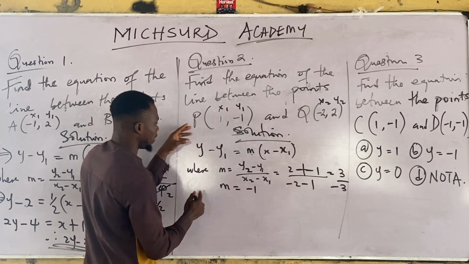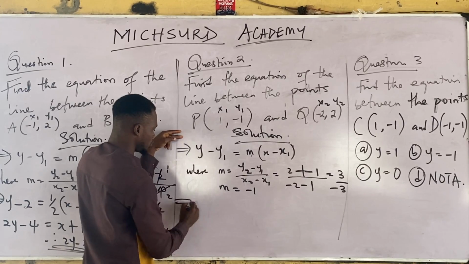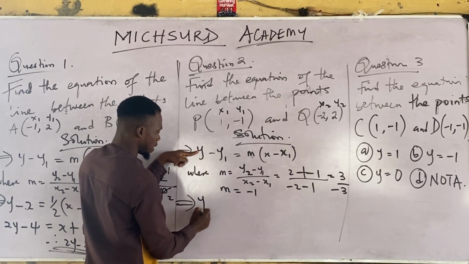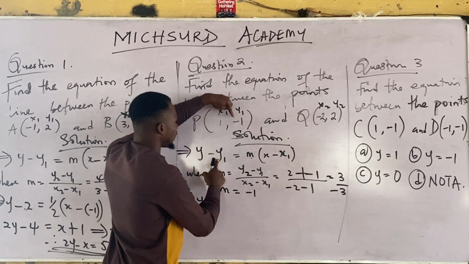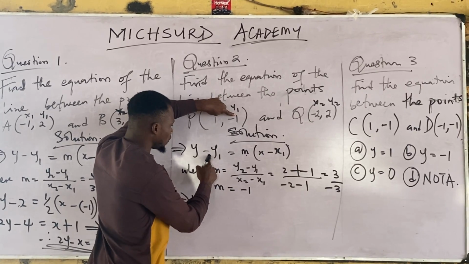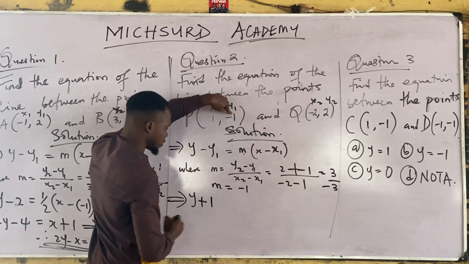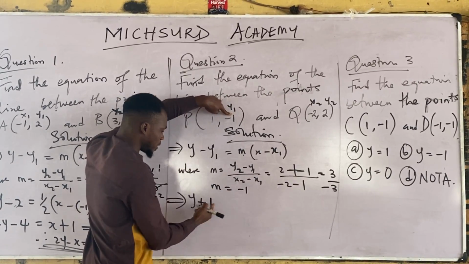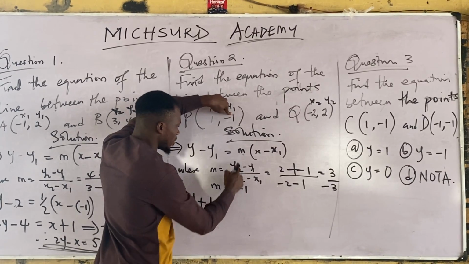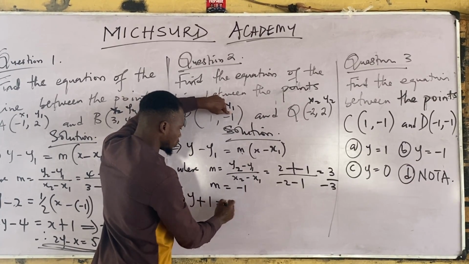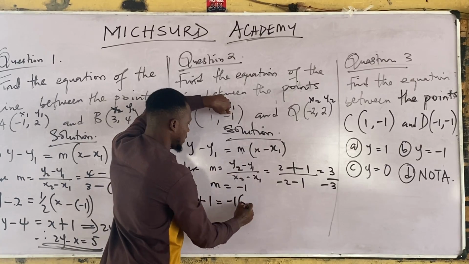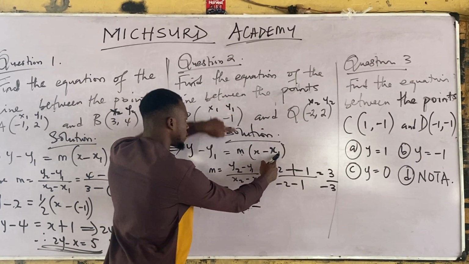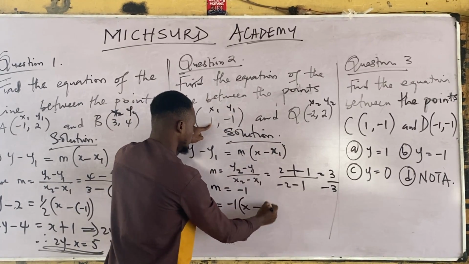If we go back to the equation which we are using, we have y minus y1. y1 is minus 1, which will make it become plus 1, because minus times minus is plus. Then we have the slope, which is minus 1, then x minus x1. Our x1 is 1.